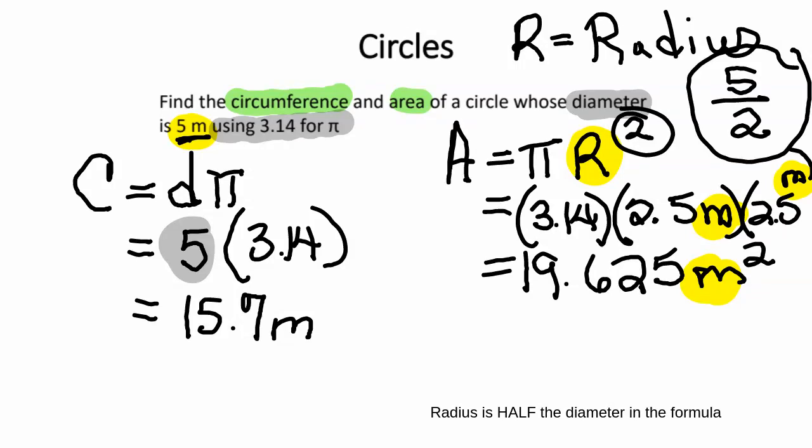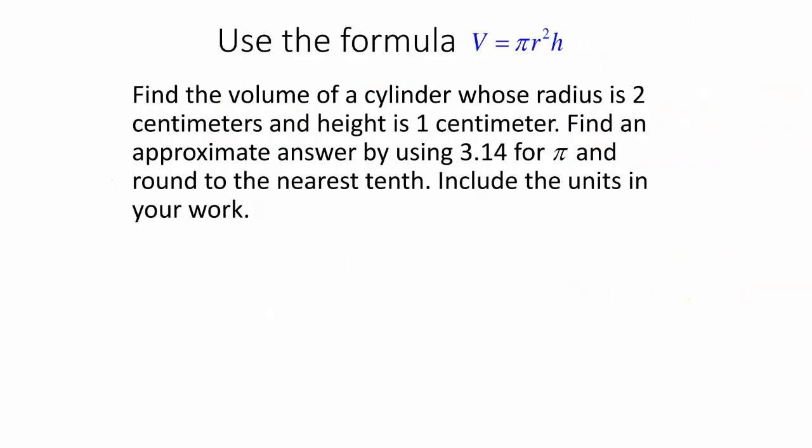Now, the last couple of slides, we are going to give you some formulas. These formulas you have to use, and the formulas can change from person to person doing Pearson. So be aware that this is saying use the formula V equals pi r squared h.